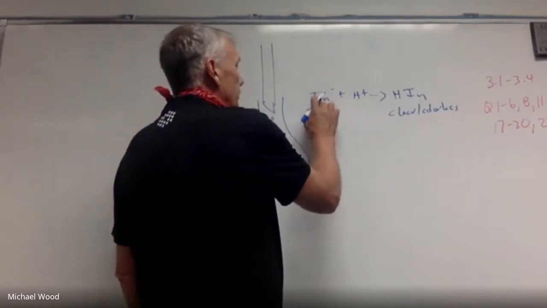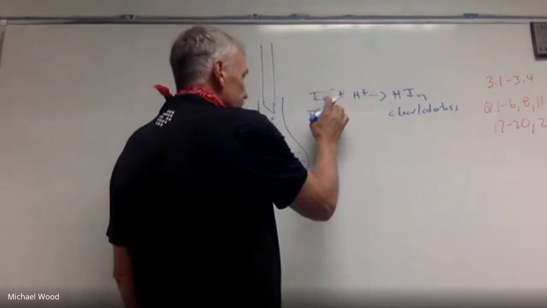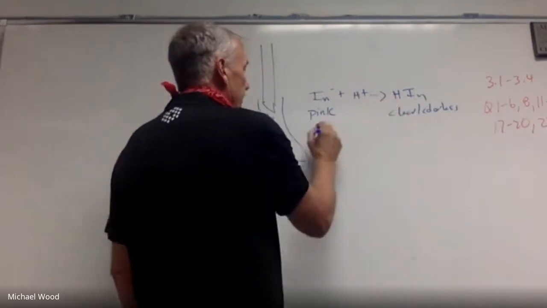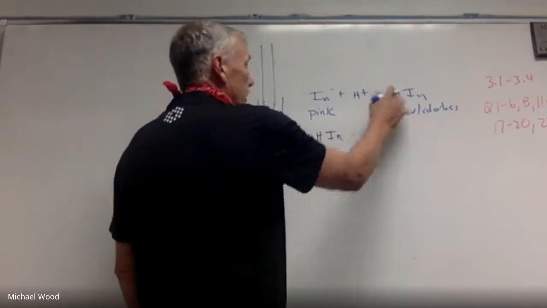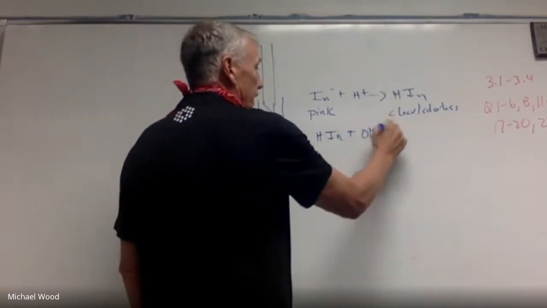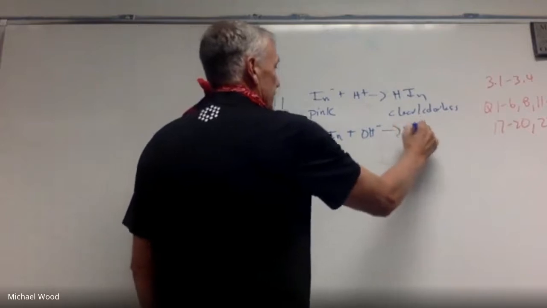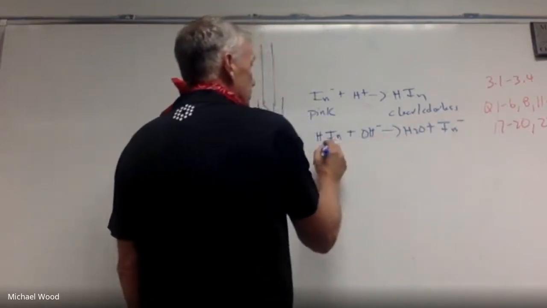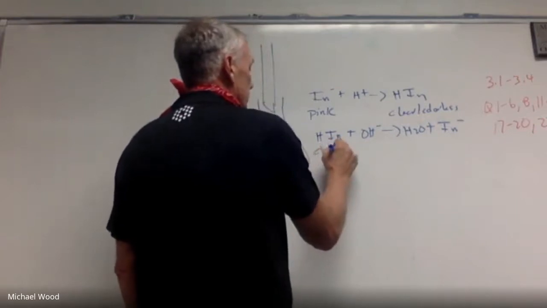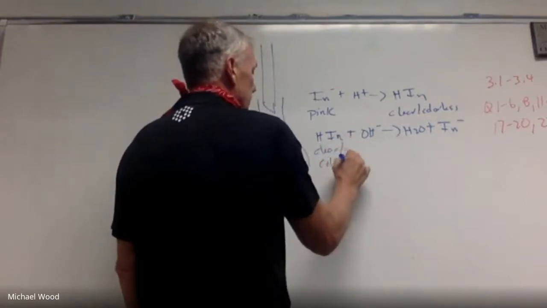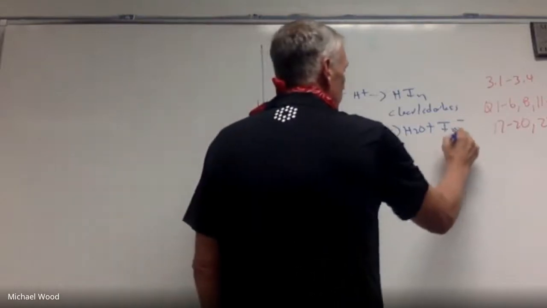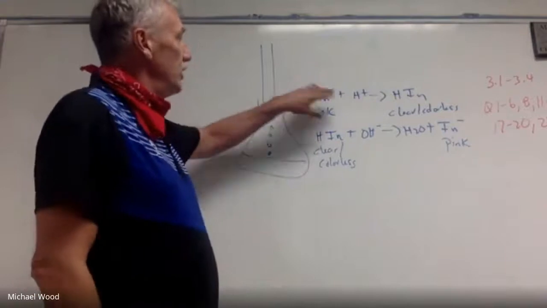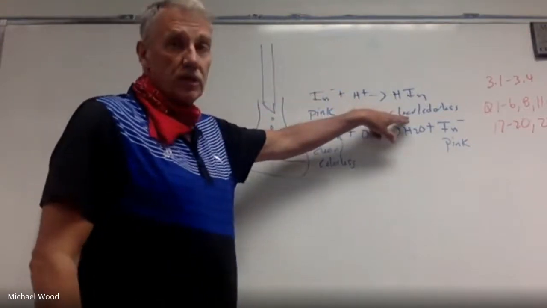So when you add phenolphthalein to the acid, it goes from pink to colorless. But then if you take this and now you mix it with a base, what happens is this. And so again, this is clear or colorless, and this is pinkish color. So what I'm trying to show you here is that we have this solution and we add an acid to it, it becomes clear or colorless.